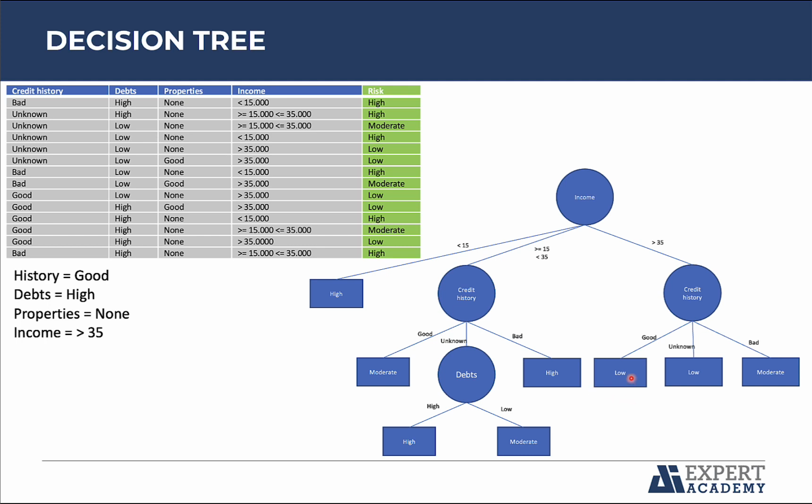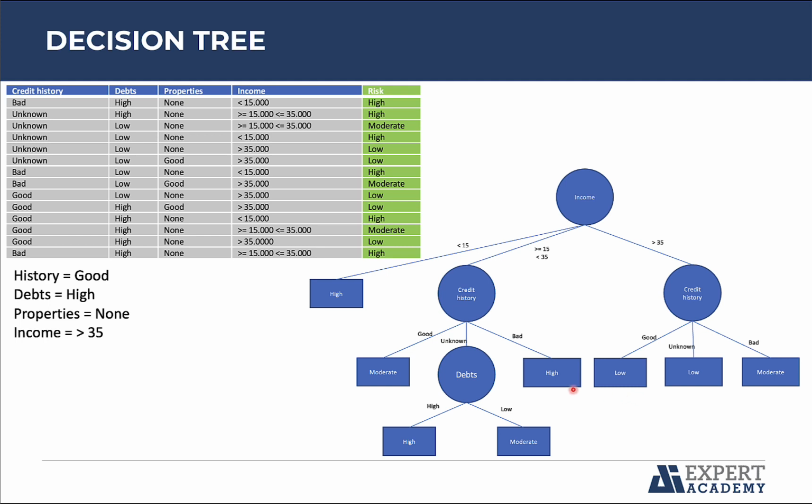So this customer will be classified as low. See that the debts and also the properties are not used in this classification, since both features are not in the right part of the tree.